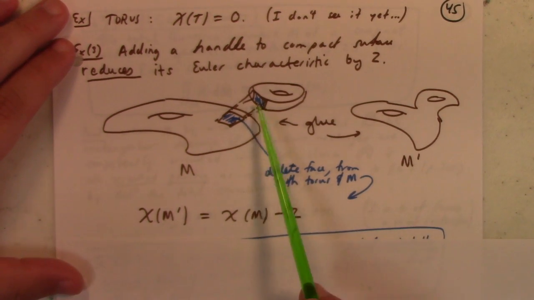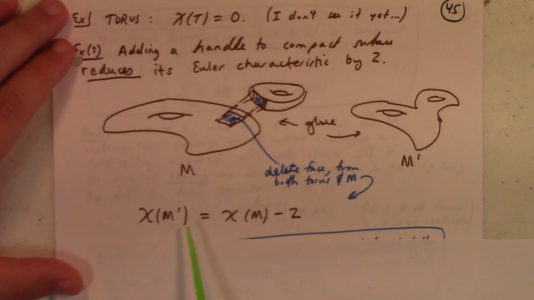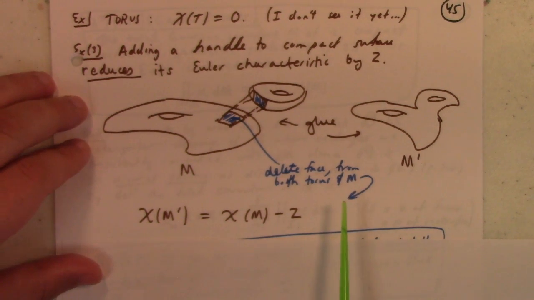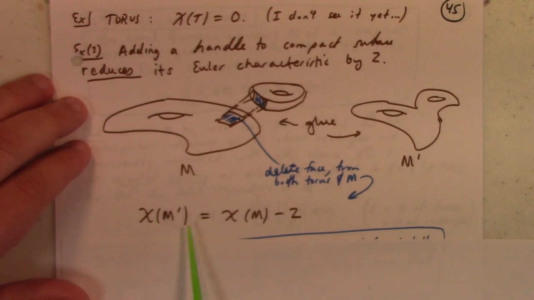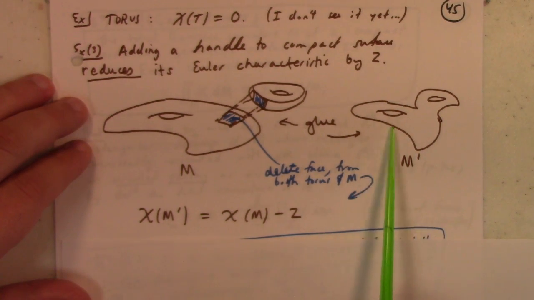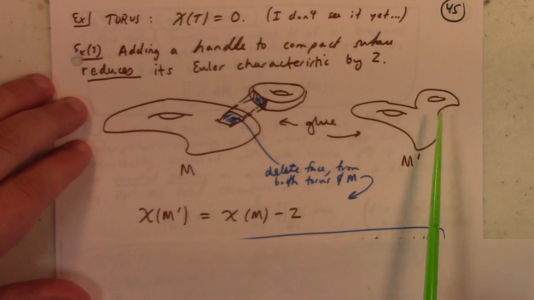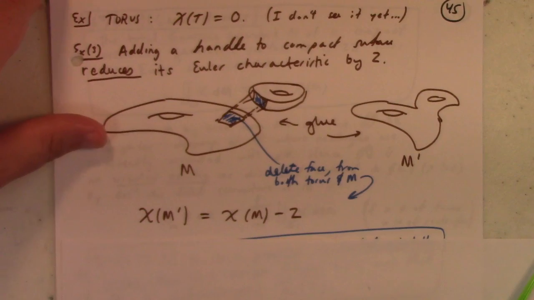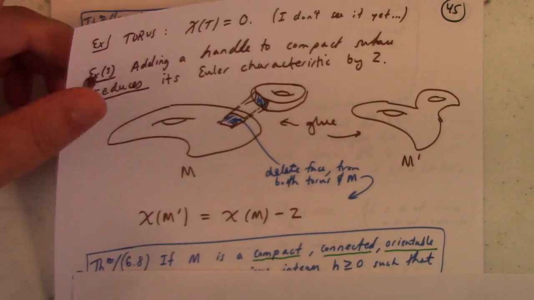So basically you're just losing the 2 faces, and the edges and vertices even out, because you have plus vertices and minus edges. So the Euler characteristic of the surface with the handle glued on it is equal to the original Euler characteristic minus 2, which is kind of cool.